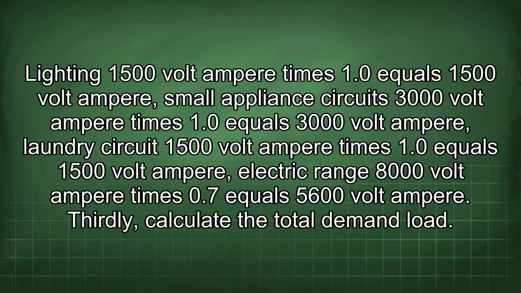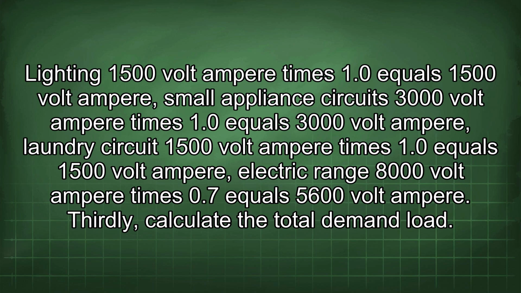Lighting 1500 volt ampere times 1.0 equals 1500 volt ampere, small appliance circuits 3000 volt ampere times 1.0 equals 3000 volt ampere. Laundry circuit 1500 volt ampere times 1.0 equals 1500 volt ampere. Electric range 8000 volt ampere times 0.7 equals 5600 volt ampere.